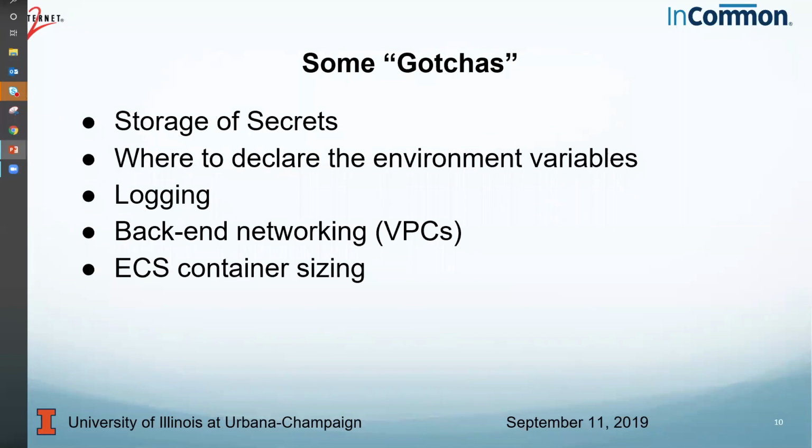So some of the gotchas are not unique to Grouper, but would also need to be considered for Shibboleth too. I'll touch on the first few in the next couple of slides: the storage of the secrets, environment variables, and logging. The backend networking, the only real gotcha there is that the software-defined networking in Amazon is a bit of a learning curve, and we had to understand the differences between public and private subnets.